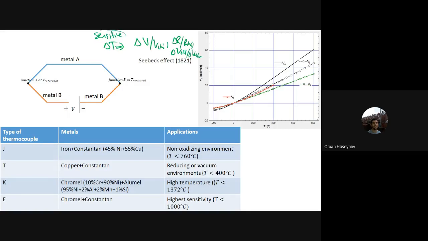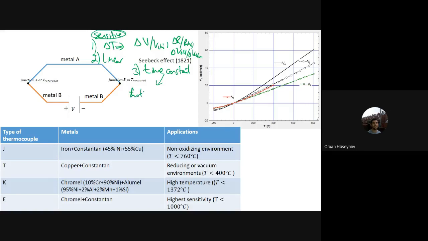This is the first part that we want from sensors. There should be response. Second thing, as I said, always we want it. And the last thing that we want from sensors is the time constant. Okay, time constant of the sensors is also important. What I mean by time constant, say that you are touching a hot surface.